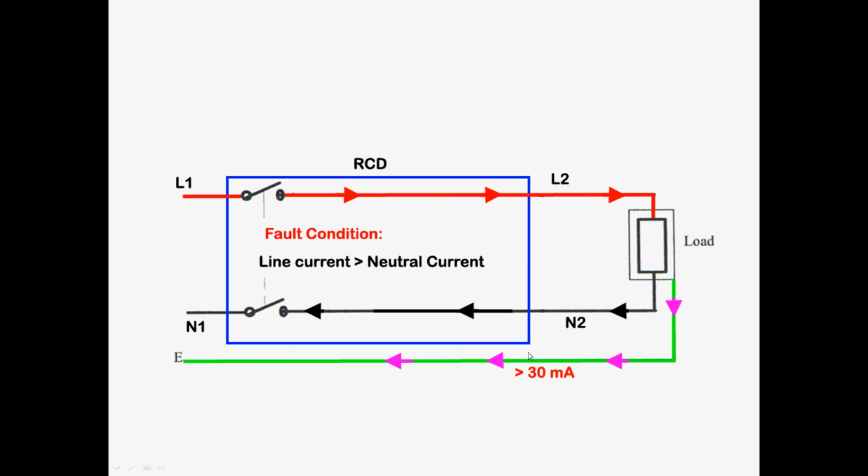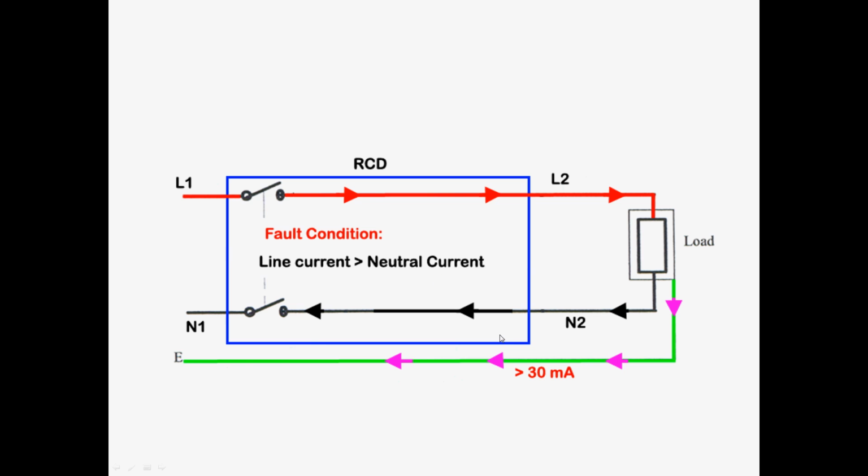Normally we use a sensitivity of 30 milliampere, because if the current flowing through the earth wire is greater than 30 milliampere, it may potentially be harmful for a person, so the RCD will immediately trip the circuit. That is how the RCD protects people from electrocution.